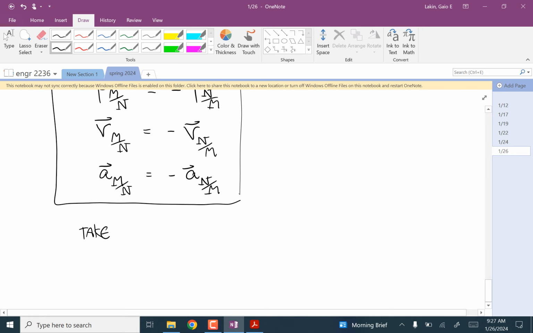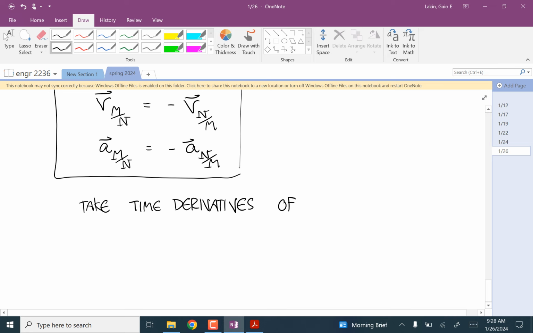Okay, so now how do you get velocity and acceleration relationships? Now you can just take time derivatives of the position relative motion equation.